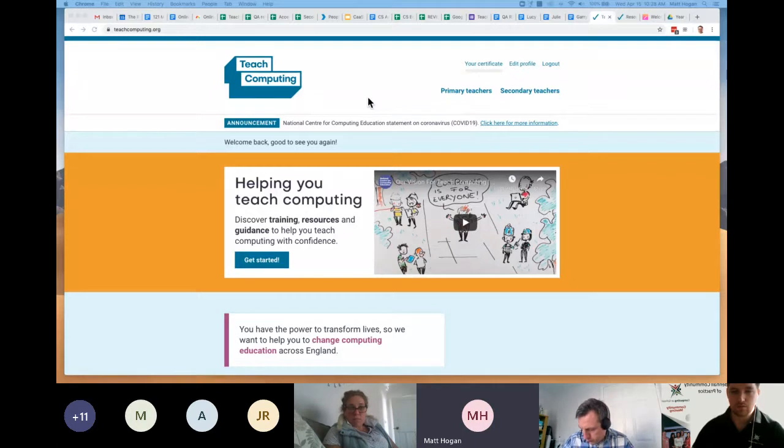STEM Learning are very heavily involved in what used to be face-to-face events, computing champions and subject matter experts. That is now going to remote delivery, so you should be getting some of it through your computing hubs at the moment, and STEM Learning is also in charge of the computing hubs.